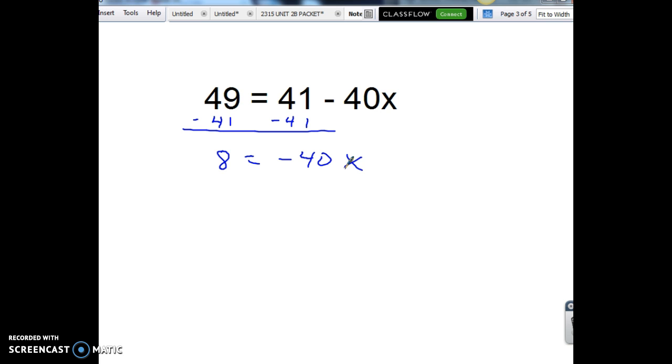And now I simply just divide by negative 40. Notice they cross out, and when I take out an 8, I get a negative 1/5. Everybody good? Great. So I want you to remember these numbers because we're going to see them again very shortly.